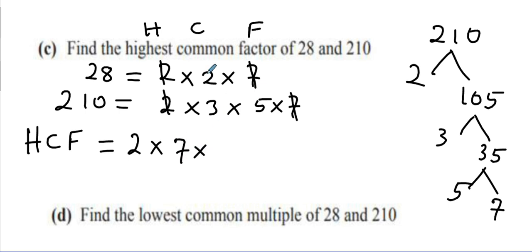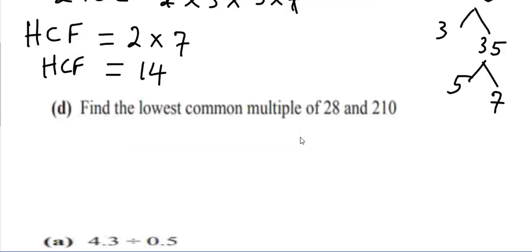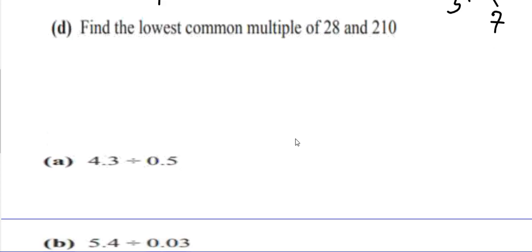Times, do we have any other common? 2 is not common, 3 is not common, 5 is not common. So this is the end. HCF will be equal to 2 times 7. This is 14. So your HCF of 28 and 210 is 14.